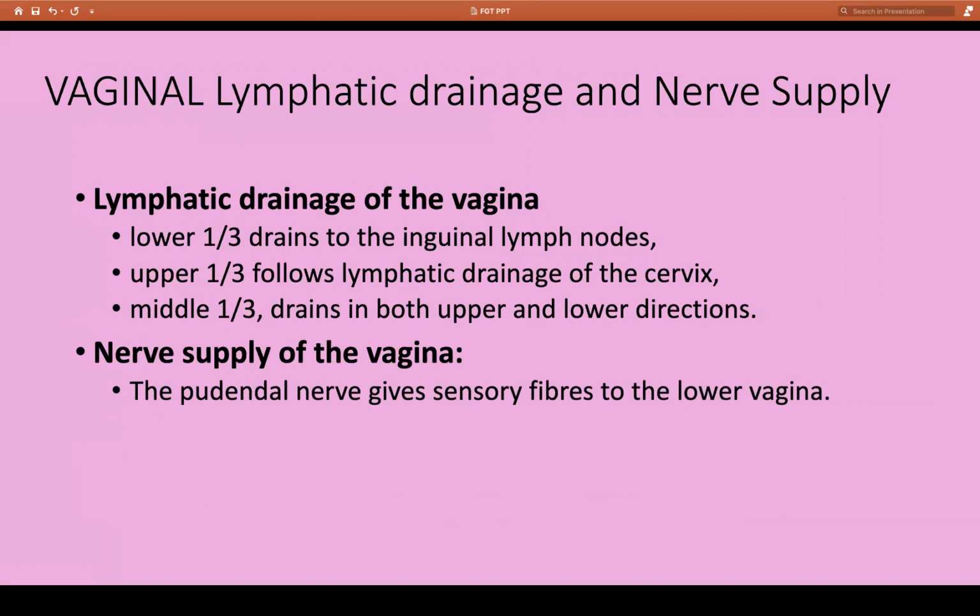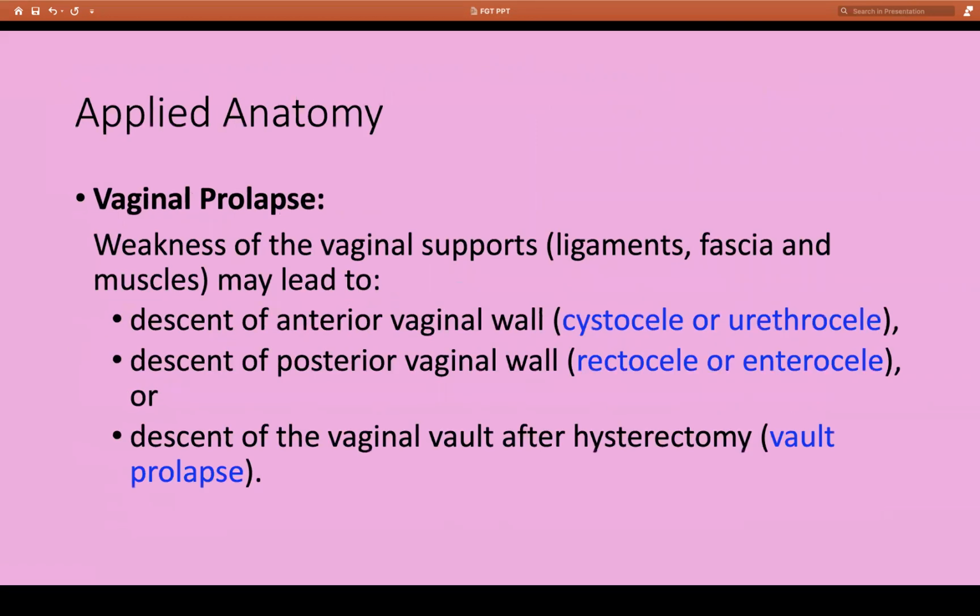Lymphatic drainage, again, lower third drains into inguinal, upper third drains into cervical lymph nodes, and middle goes both up and down, towards cervix and vaginal directions. Nerve supply is sensory fibers from pudendal nerve. Pudendal nerve is important here.